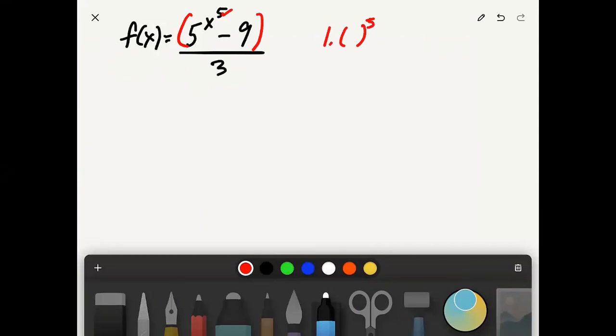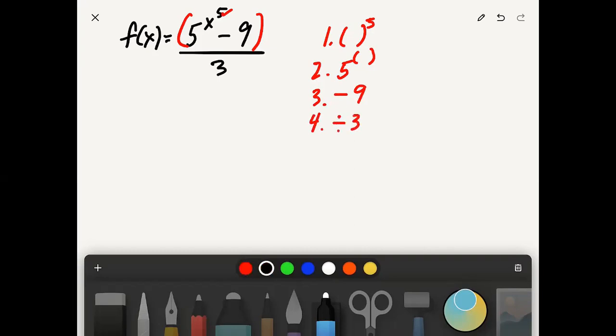And then second thing that we're doing is we're raising all of that with a base of 5. So that's an exponential function, right? And then the next thing that we're doing is we are subtracting 9. And then the very last thing that we're doing is dividing by 3.